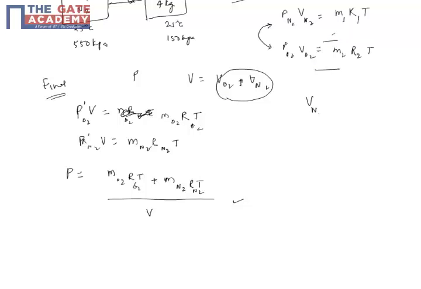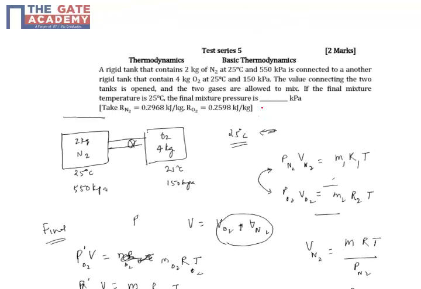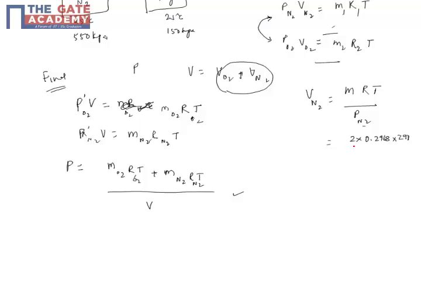So let's first get the individual volumes. The individual volume VN2 is mass of N2 times R of N2 times temperature divided by the pressure of N2. So let's do that first. The mass of N2 is 2, R is given as 0.2968, the temperature is 25, so 298 K, and the pressure is 550 kPa.